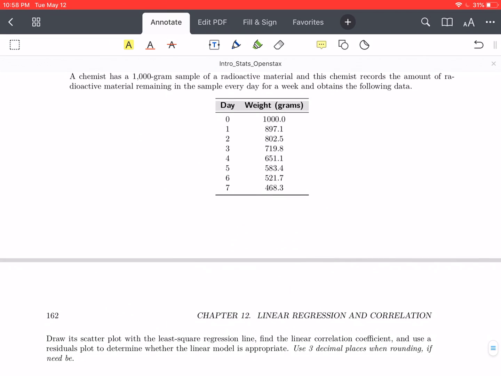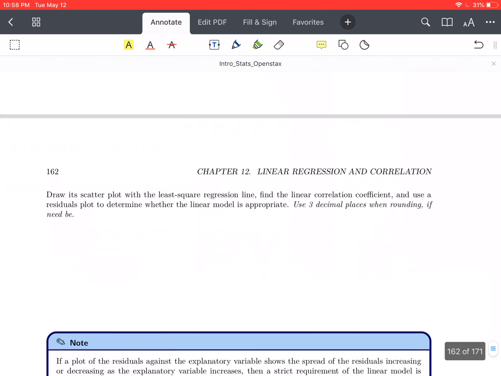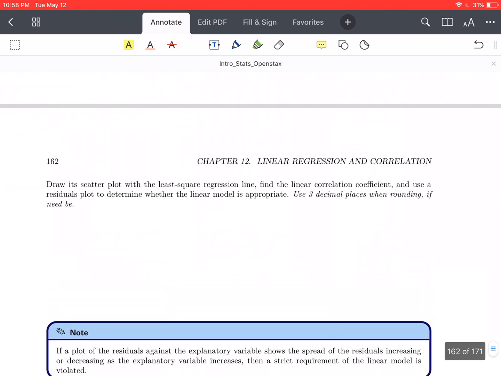We're going to look at the scatter plot with the least squares regression line, find the linear correlation coefficient, that's R, and use a residuals plot to determine whether the linear model is appropriate. Use 3 decimal places when rounding if need be. I went ahead and plotted this on Desmos in a table, so let me pull that up for you right now.